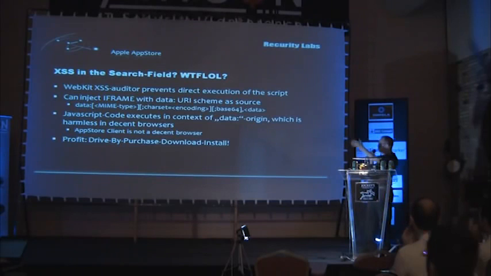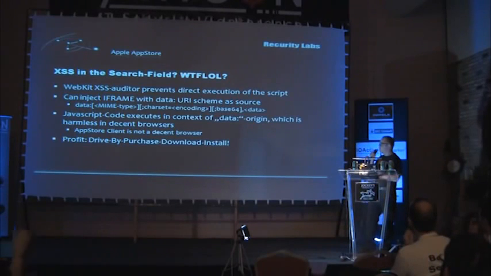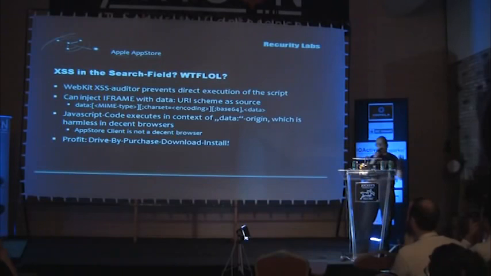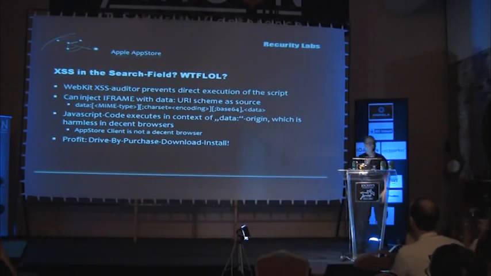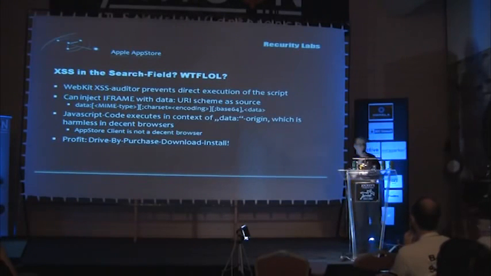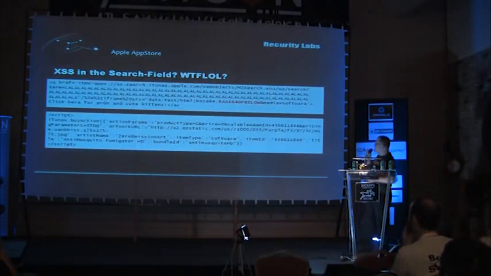So there's JavaScript code that we execute in the context of the data origin, which is considered harmless by the browser. And so what we get is we can inject JavaScript that essentially does drive-by purchase, download, install, and run of applications on your Apple devices. This is how you do it.